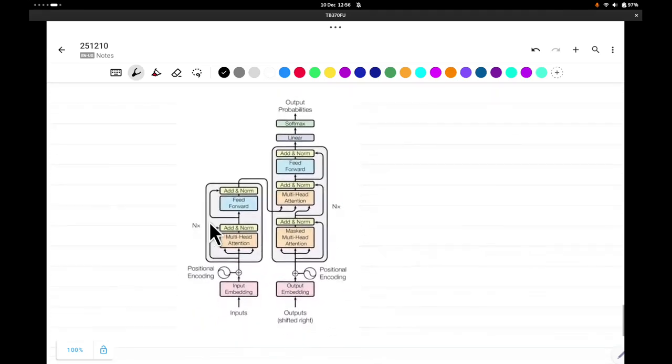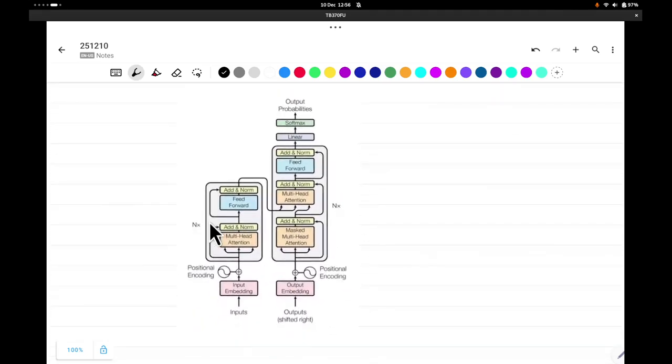So this is a sketch from the original paper on transformers. That was basically also the architecture of the first GPT, and with not much difference also later generations of language models.